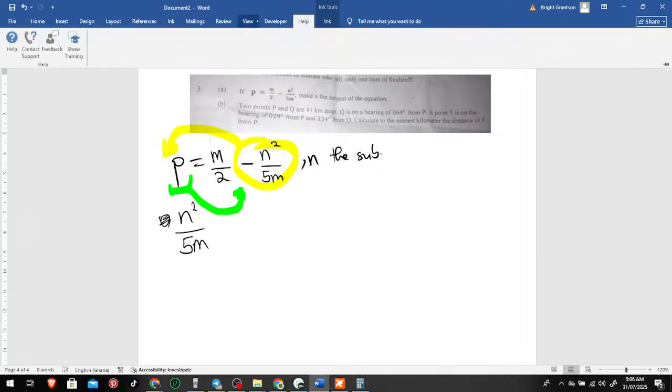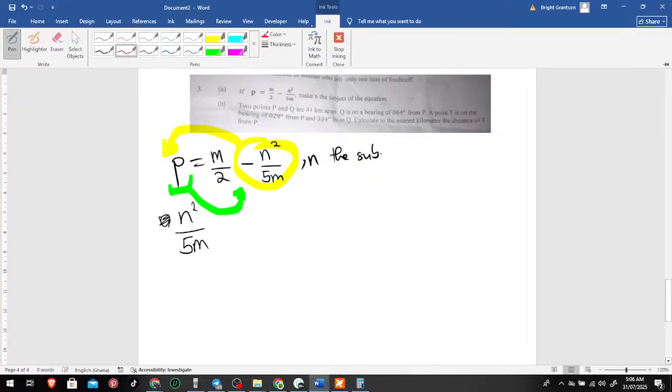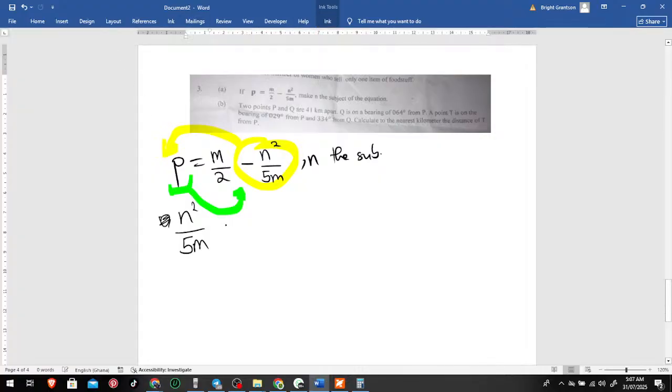So this gives you n squared over 5m equals m over 2 minus p, right? So we want to get rid of this fraction, so we multiply it through. So 5m times n squared over 5m equals 5m times m over 2 minus p.